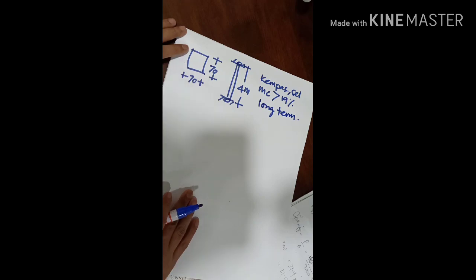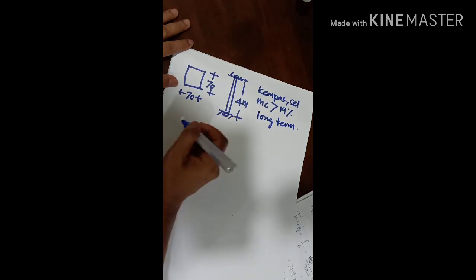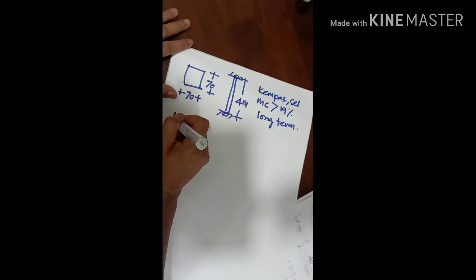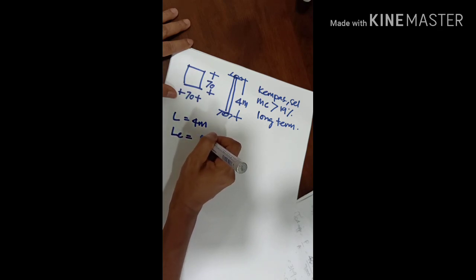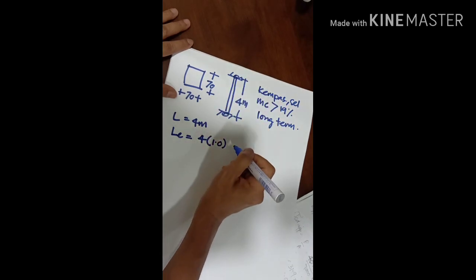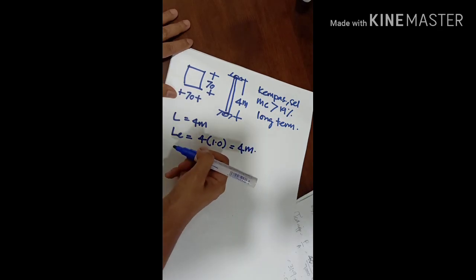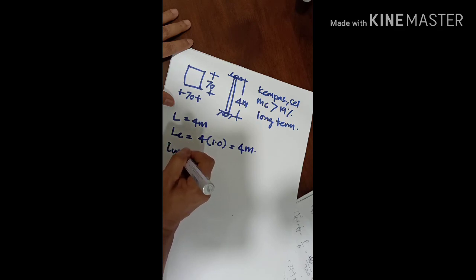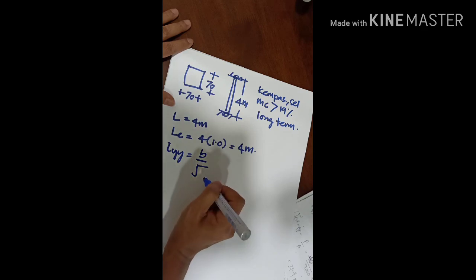So start by identifying the dimension properties. L is 4 meter, the effective length LE is 4 meter times 1.0, since it is a pin support, so the effective length is 4 meter. Then the radius of gyration iyy is B over square root 12.